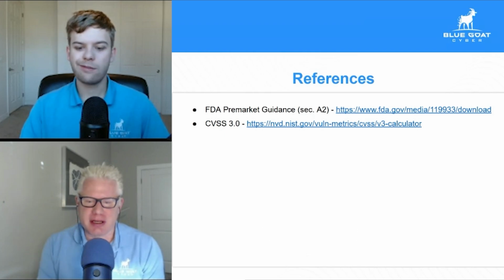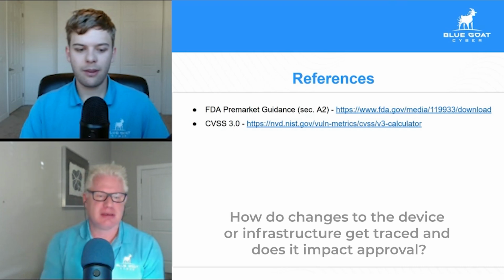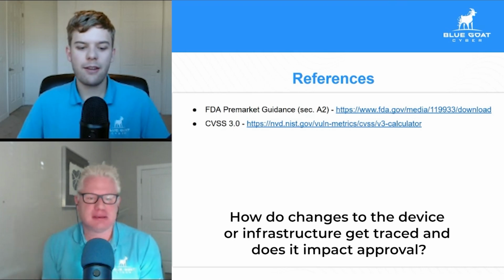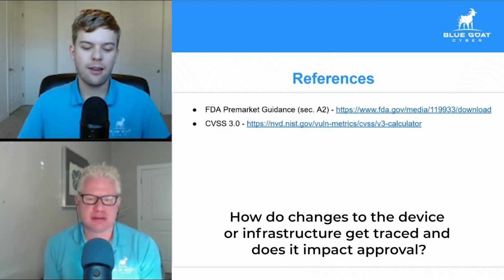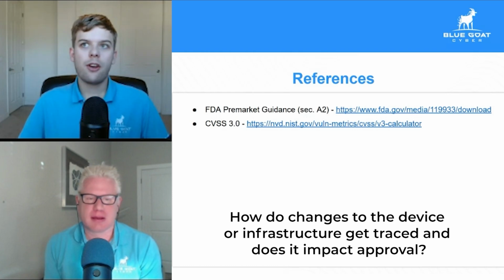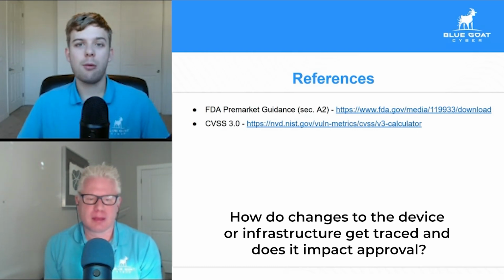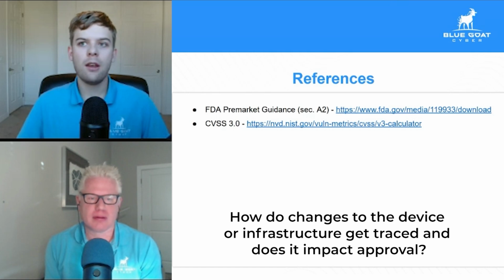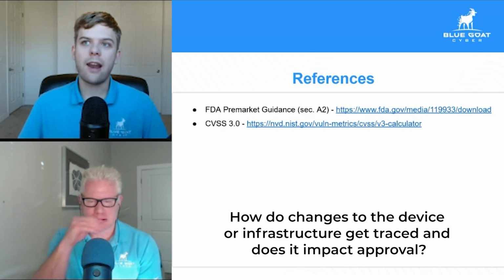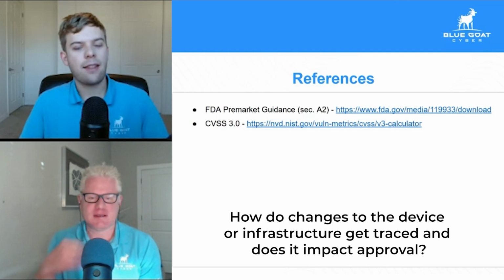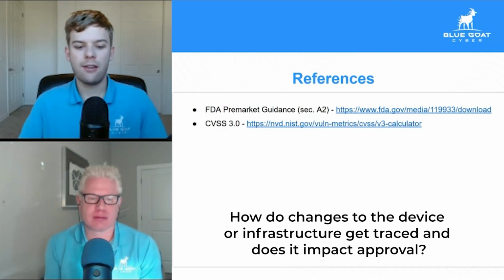We had another question come in. Actually, let me show this one. All right. How do changes through the device or infrastructure get traced, and does it affect the approval? So the approval, usually when we're submitting into the FDA, we're looking at a point in time snapshot. That is what the device looks like at the time of submission. Of course, the device is going to change.